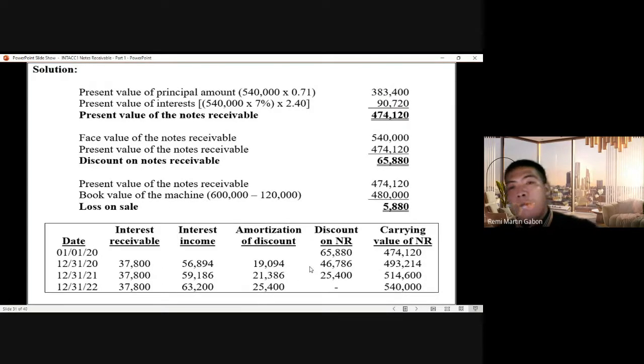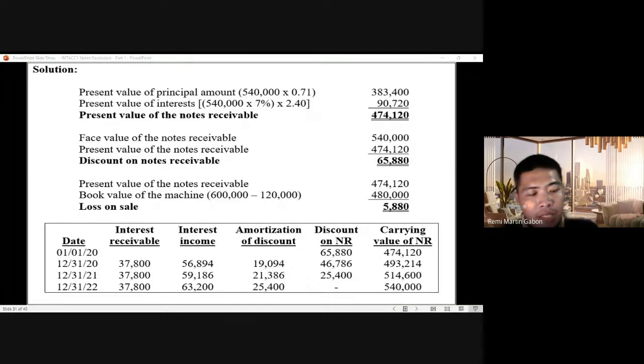So let us start. If you have calculators with you, much better para makafollow. Let us start with 474,120 multiplied by 12%. That should be 56,894.4.